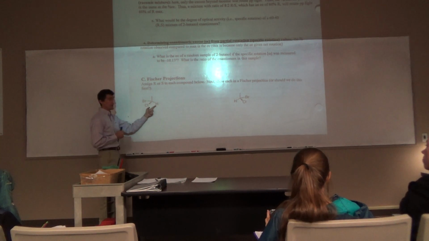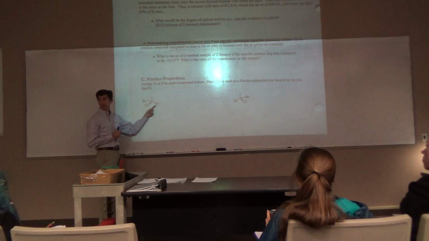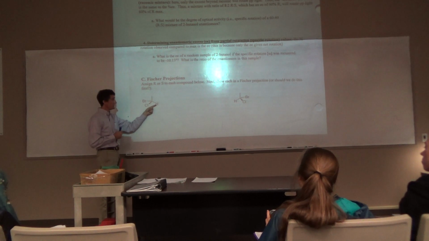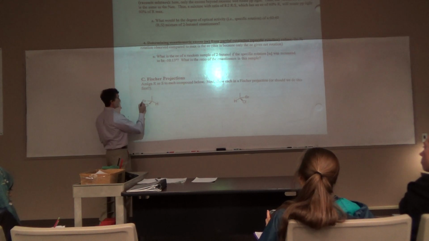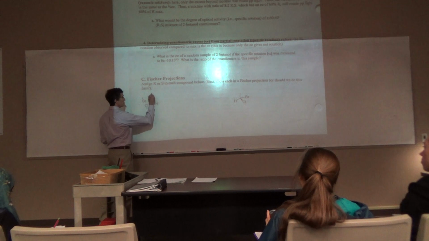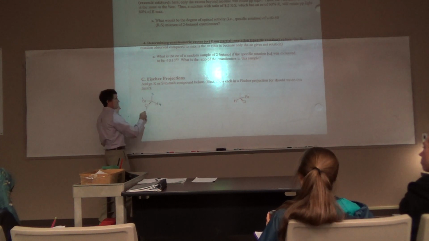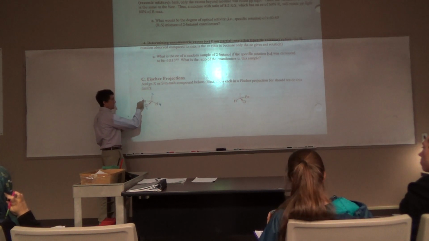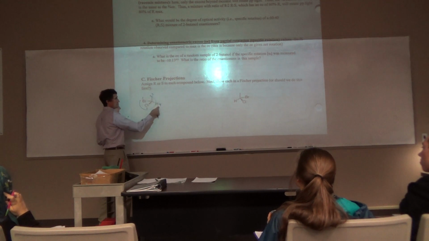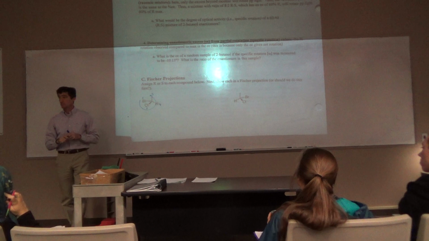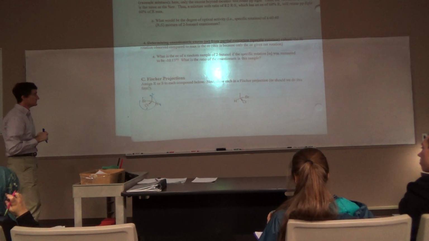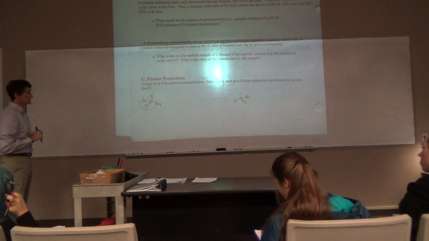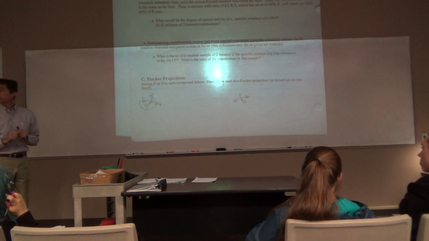Key thing here is that the H is not in the plane. I'm sorry, it is in the plane, not back. The low priority group here is H, right? High priority group 1, chlorine 2, carbon 3. This is counterclockwise, but the low priority group is not in the back. Did you get S?